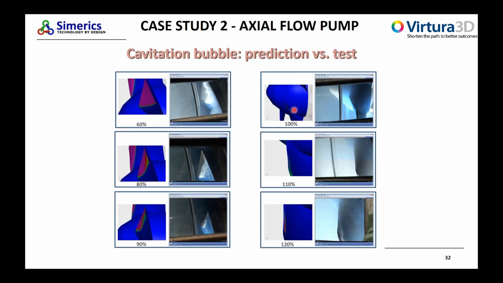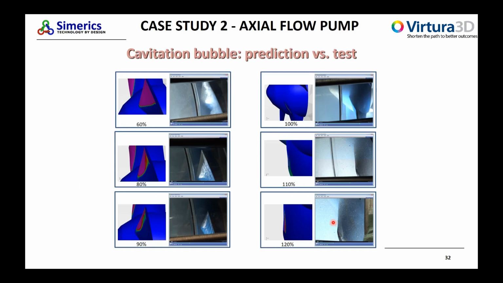And this is at 100%. You can see the bubble is almost disappearing. At 120%, you can see a very thin bubble on this side. This is one of the validation studies that we show at different flow inlet conditions. We are able to capture the inception and the size and the nature of the bubble quite accurately on this actual.